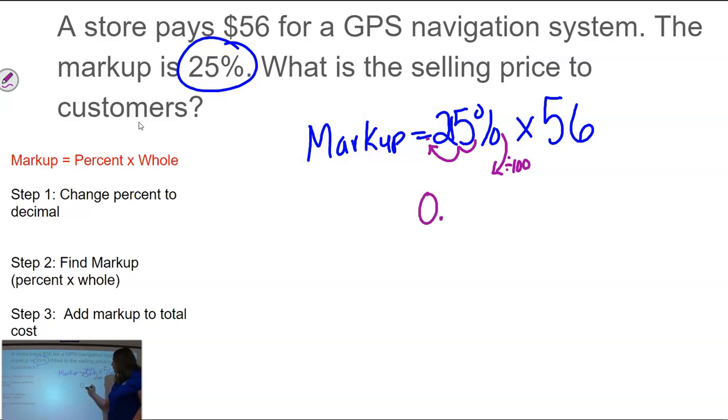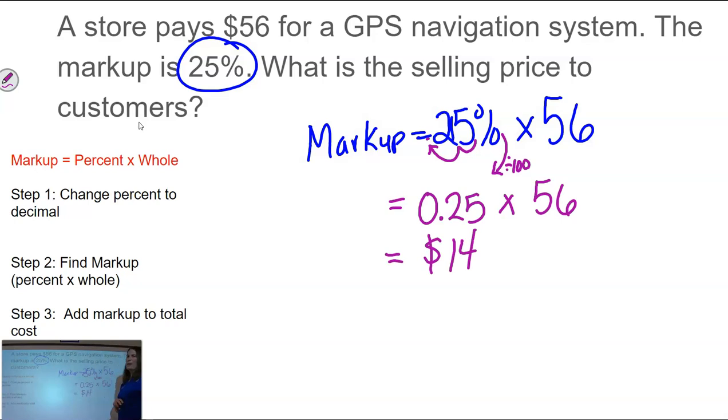So I have 0.25 times 56. When I type it into my calculator, my markup is $14. That's how much they added to the original price that they paid.